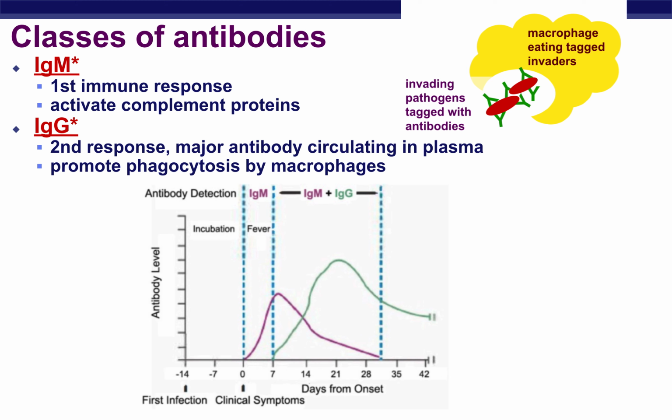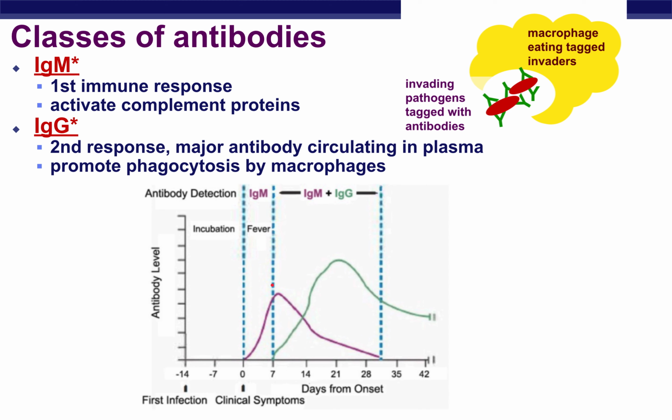It initiates and helps activate complement proteins, reminding you complement proteins are antimicrobial and help destroy and take down bacteria and viruses to an extent, but they're really good at taking down bacteria. All right, so this is usually the first kind of antibody created.